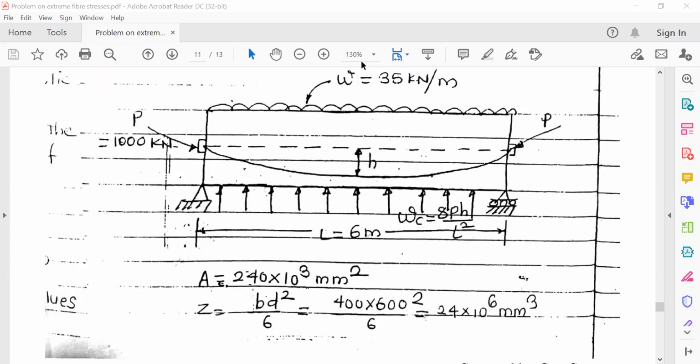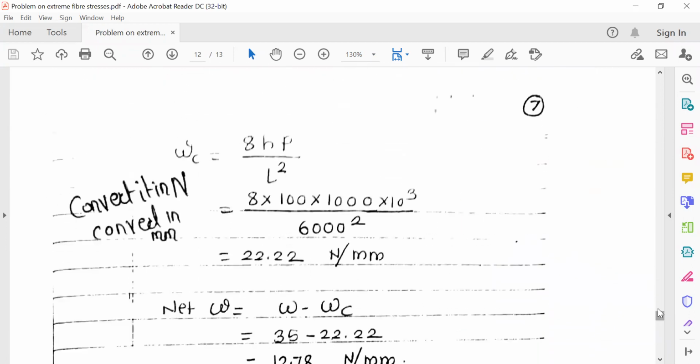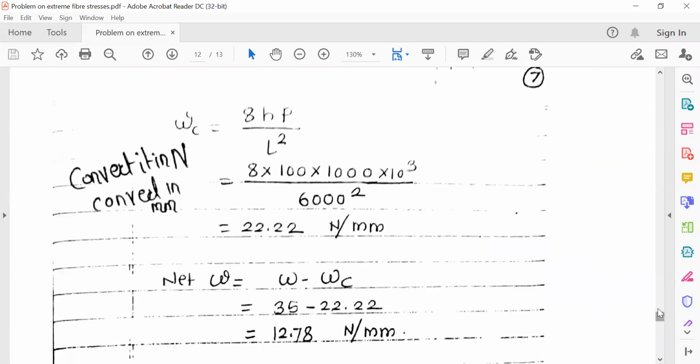Yes, हो गया सबको. मिला section modulus 24 into 10 raised to power 6. Okay. So now you need to calculate WC. So WC calculate करने के लिए you are having the formula, that is 8 HP by L square.